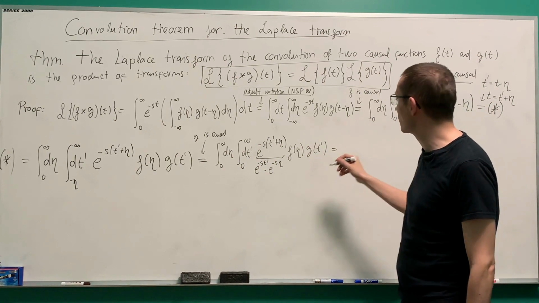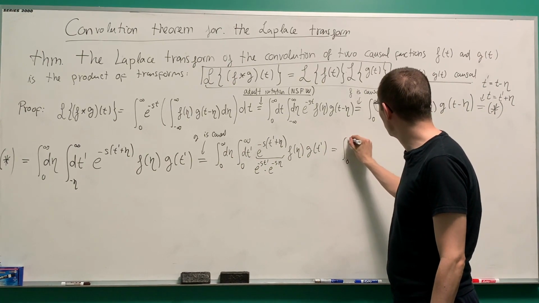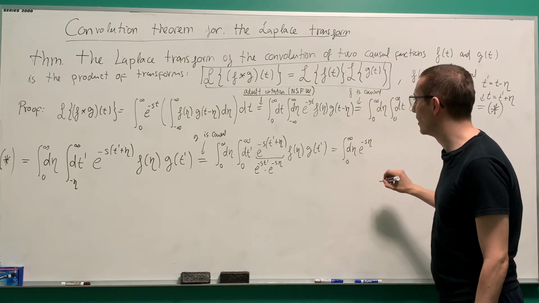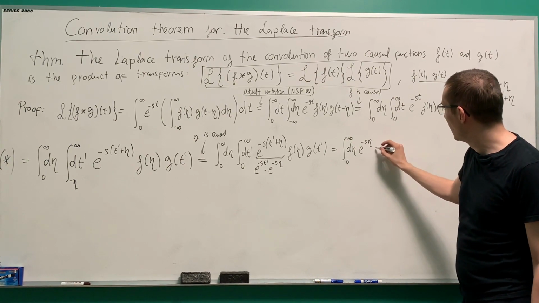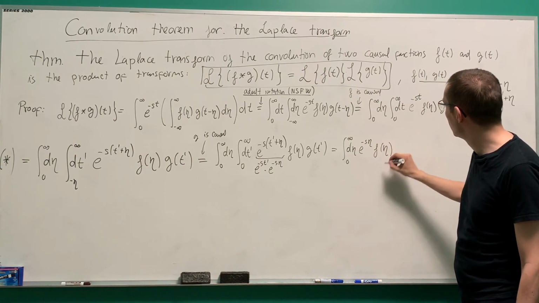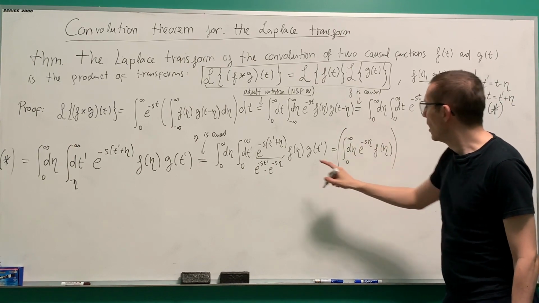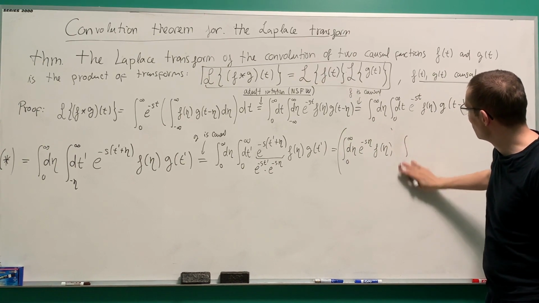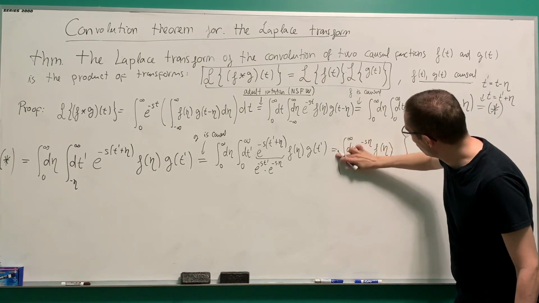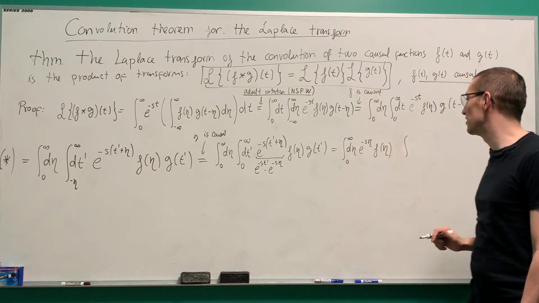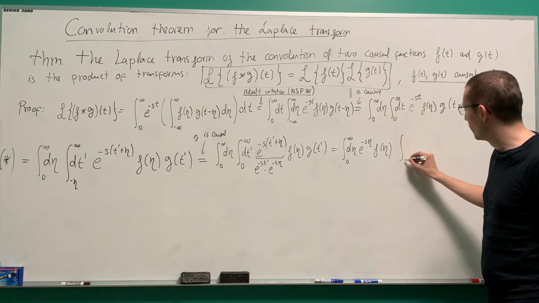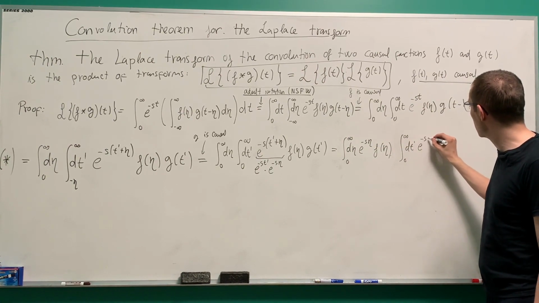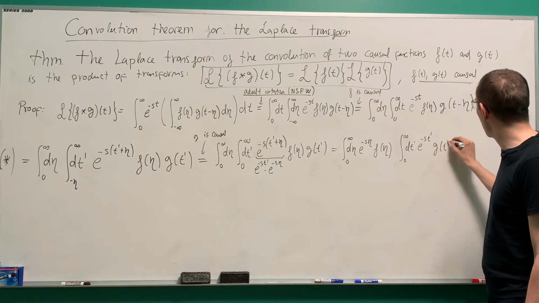All right, you factor those out of the integral and you get the following. Integral from 0 to infinity d eta, e to the minus s eta, f of eta, times the integral from 0 to infinity dt prime e to the minus s t prime g of t prime.